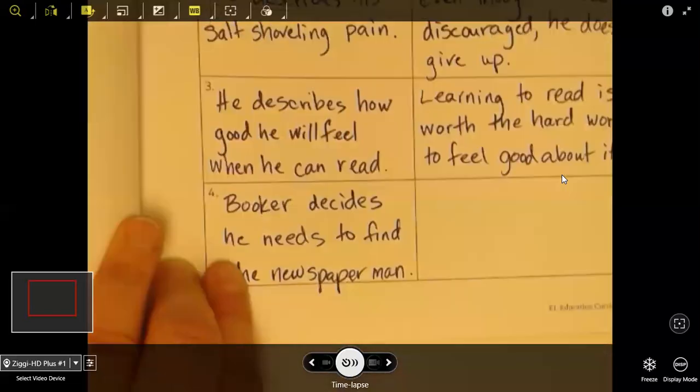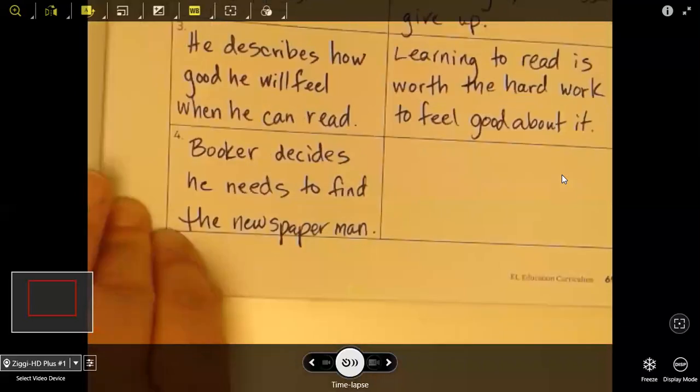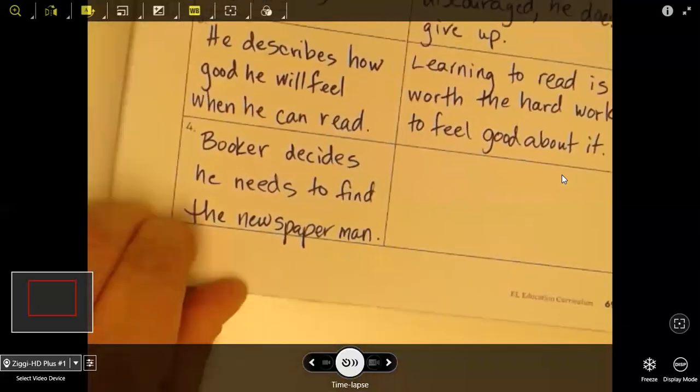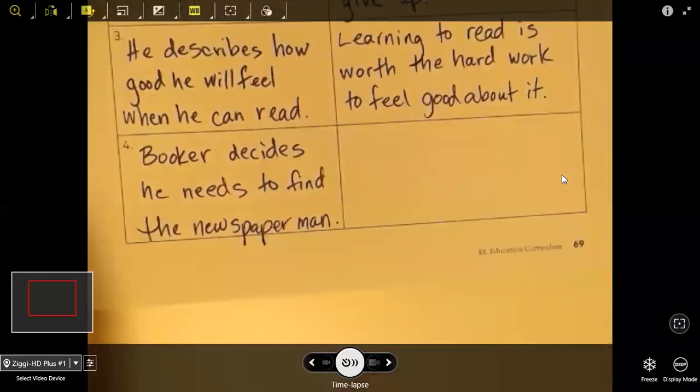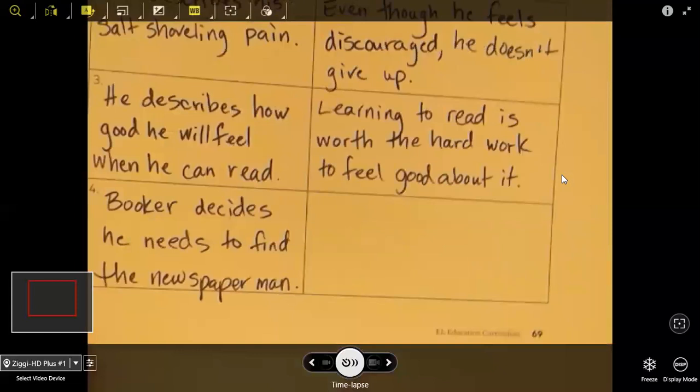Got to get some help. Okay, he has tried as hard as he can, but he's also figured out he can't do what? Can't do it alone, right? Can't do it alone.